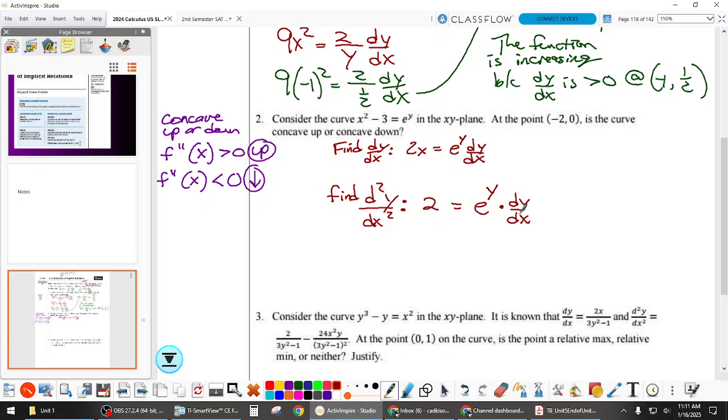Do we have to do the product rule here? Well, because at a point, dy/dx becomes... I kept dy/dx on its own.